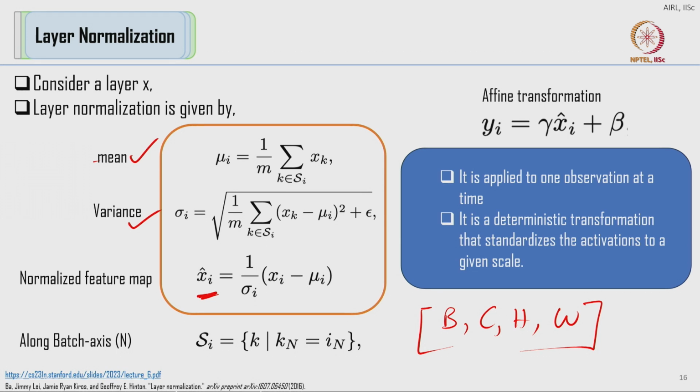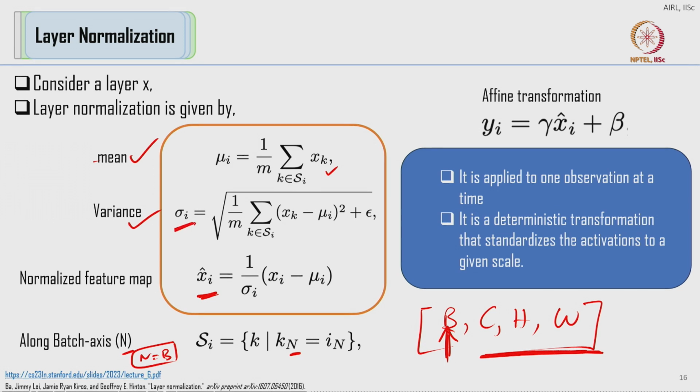Now I also represent, so essentially I represent N and B as similar. So when I say N, it also just means B. So we are essentially taking normalization across the batch axis. So mu is taken across the batch axis, so it is taken only over these remaining axes which are channel, height, width.